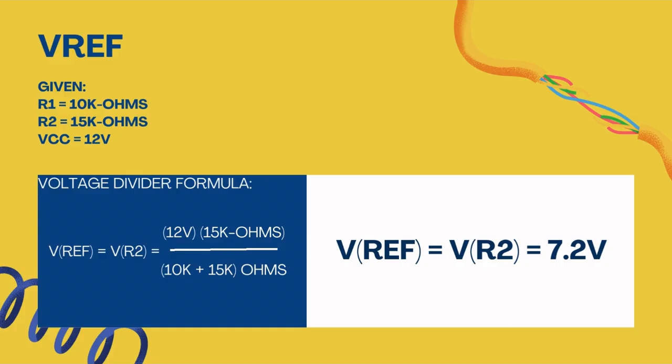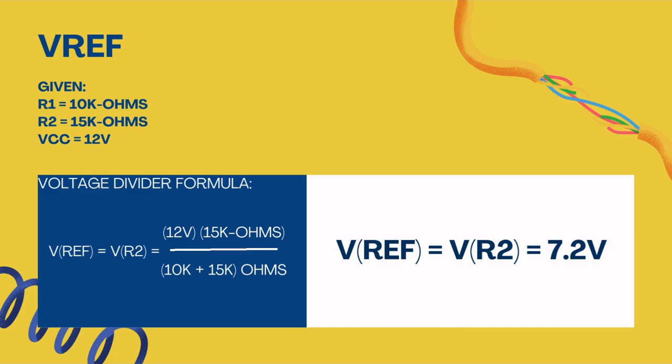Then, using the voltage divider formula, we have the reference voltage is equal to the voltage across R2, which is equal to the total voltage multiplied by R2 divided by the total resistance, which is 12 volts times 15 kilo ohms divided by 10 kilo ohms plus 15 kilo ohms.